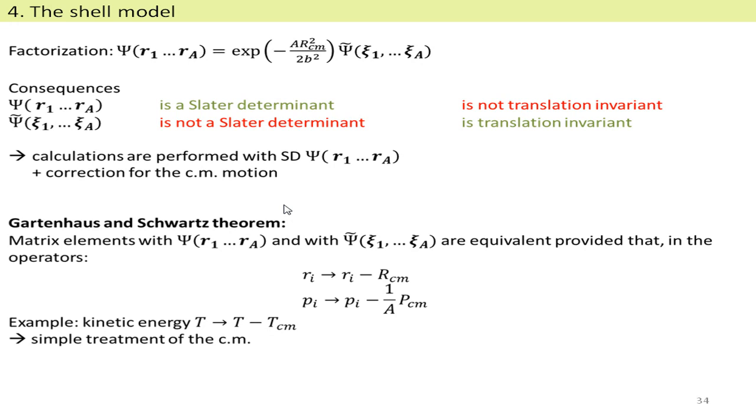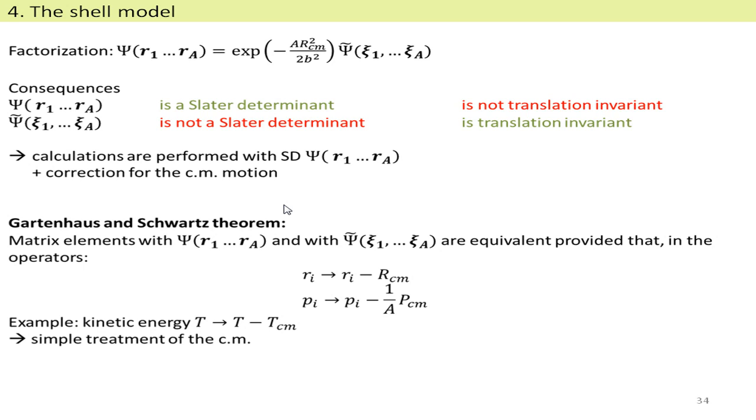And psi tilde is translation invariant, but it's not a Slater determinant. So there is a problem: either we are physical or we have simple calculations. In practice, the calculations are performed with the Slater determinants, and there is a simple correction for the CM motion. This is the standard procedure with shell model wave functions for the treatment of the center of mass. We use the Slater determinants because they are well adapted to the calculations, and then there is a correction.